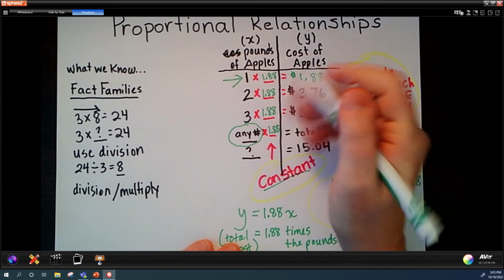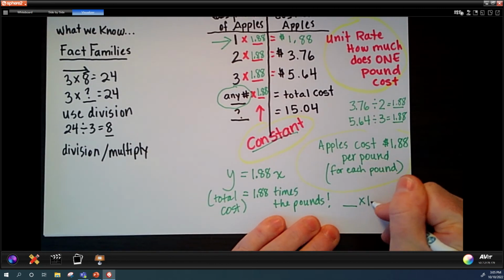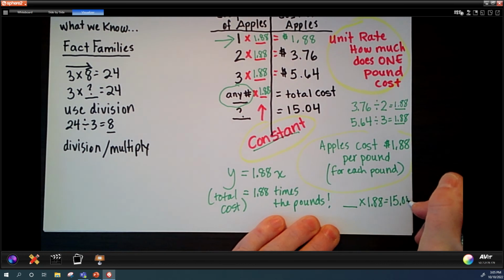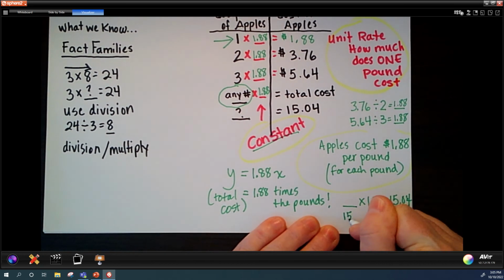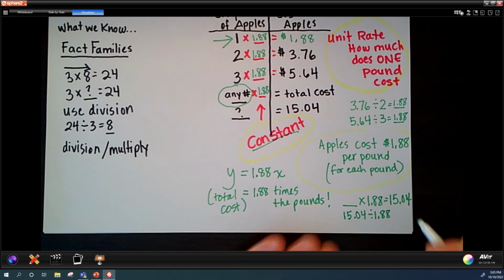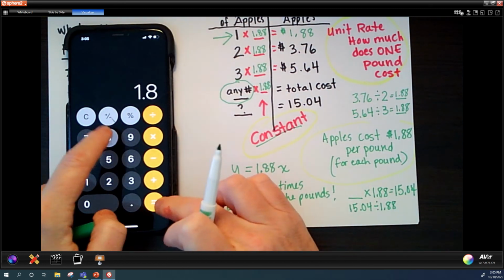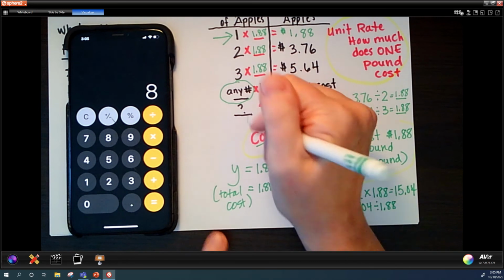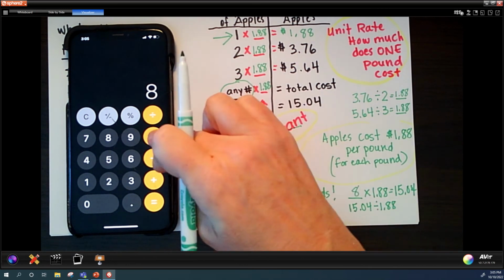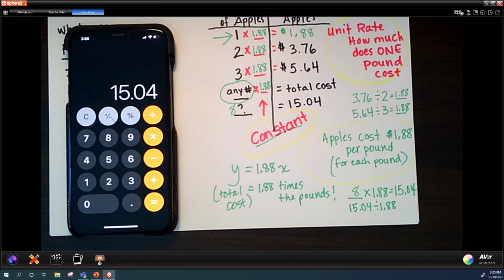I know that something times $1.88 is going to give me $15.04. So work it backwards. $15.04 divided by 1.88. Let's see what that equals. Divided by 1.88, the constant, 8. So my missing number is 8. We can check it. 8 times 1.88 gives us $15.04.